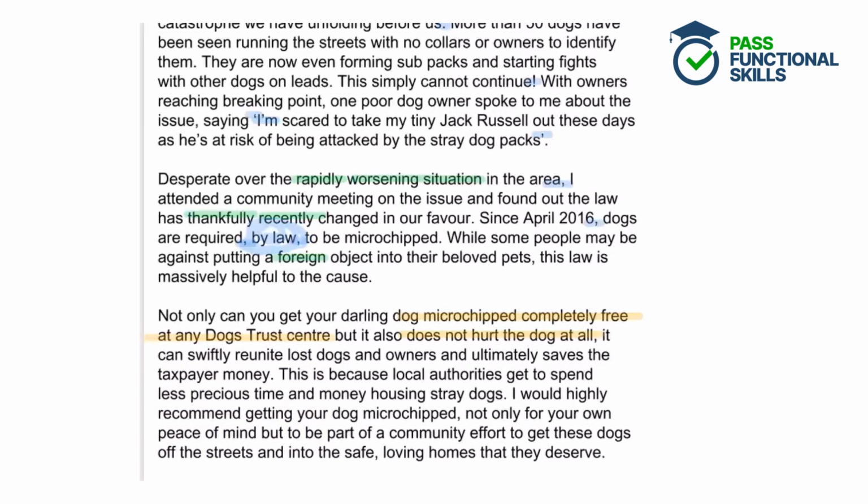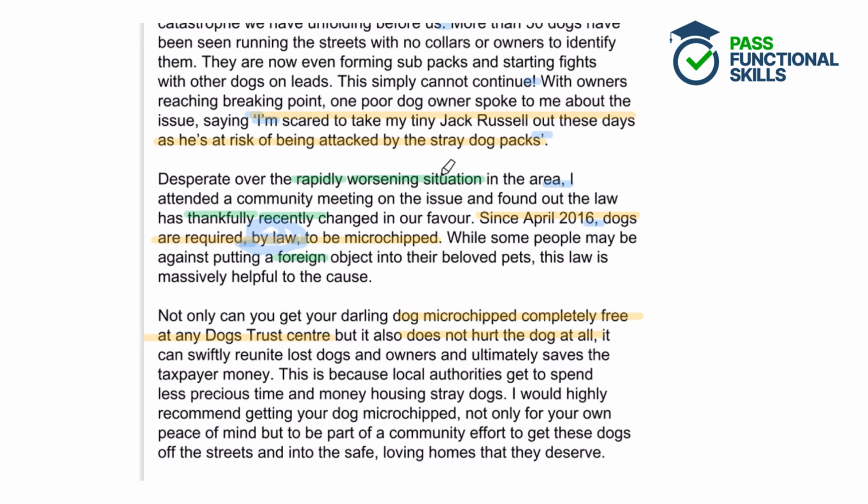The details that we've got in here include a statistic. So we've got the fact about the law as well, that we've been told to write about. And we also have a quotation. Now this is a really great, interesting detail that you can add to any articles that you write to give various opinions and ideas.